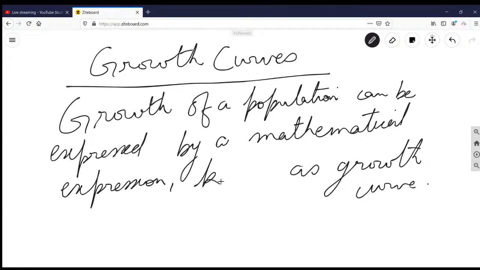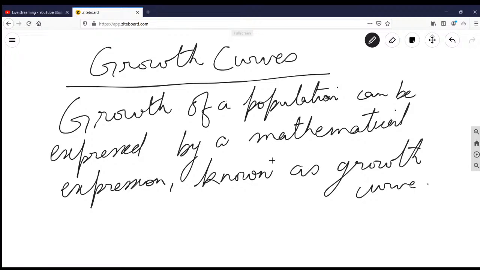Now, once you have been able to master this growth curve, which is pretty easy mathematically, don't be afraid or worried, it is pretty easy. It just shows the logarithm of total number of individuals in a population plotted against the time factor. That's all.